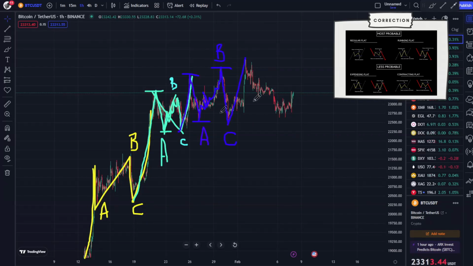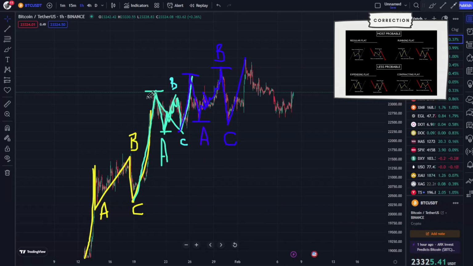So I know the purple is not the best color to see, but basically an expanding, I'll put it right there, is you have a drop, A move, you have a slow move up that comes and breaks the top, which is the B move, and you have a slow move down, an impulse move that comes and breaks the A move. So you see right there, you break both, you break out the range both times, and this is the C move before you get an impulse. So this is exactly what happened and what could be seen as an expanding. So if that happened, then you get an impulse.